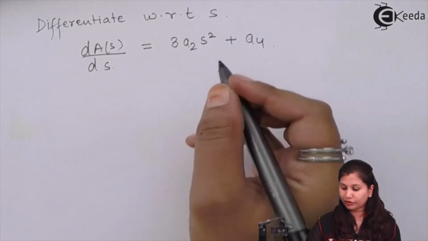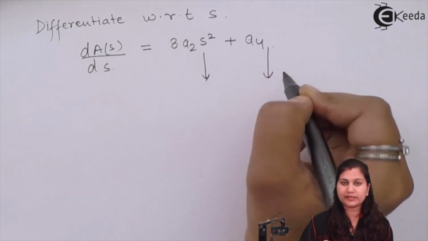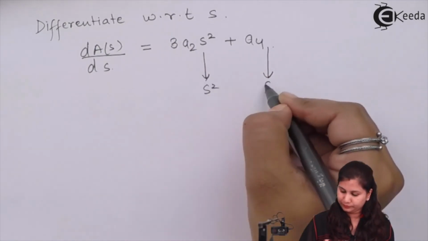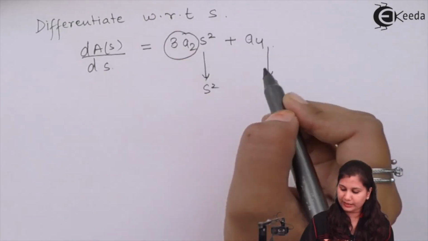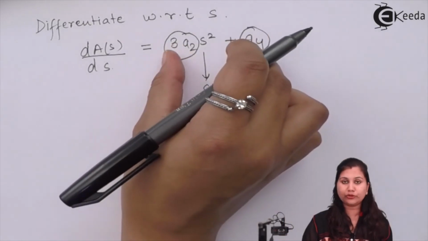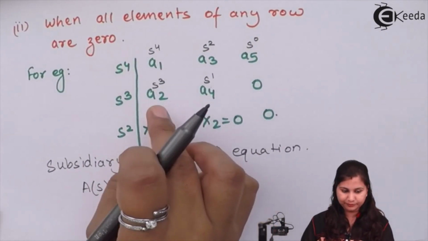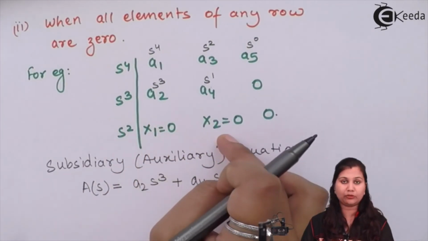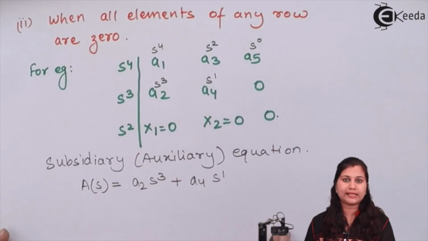So now we have got the coefficients of S square and S to the power 0. The S square coefficient is 3A2 and the S0 coefficient is A4. So we are going to use these coefficients. We will place them here where we have obtained 0 and 0, and then we will follow the same procedure.